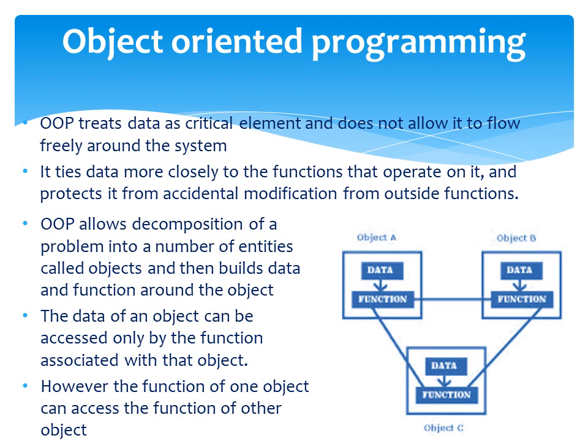Say for example, the data of object A can be accessed only by the functions of object A. In the same way, the data of object B can be accessed only by the functions of object B. Now, if A wants to access the data of B or the data of C, it cannot do so.